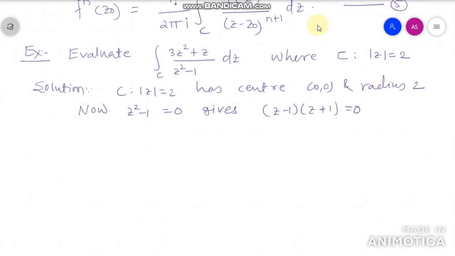That means z equal to minus 1 and z is equal to 1 are the zeros or roots of z square minus 1 equal to 0.